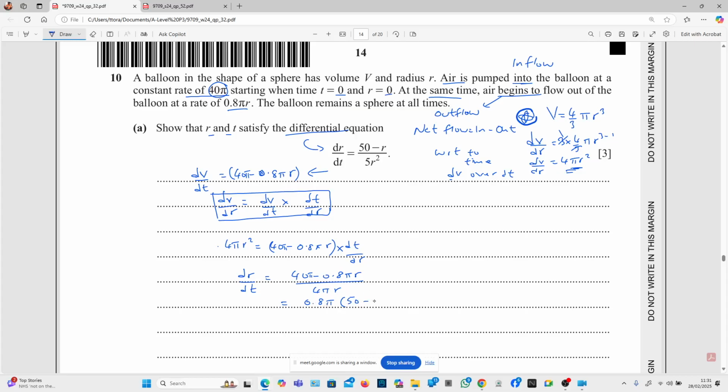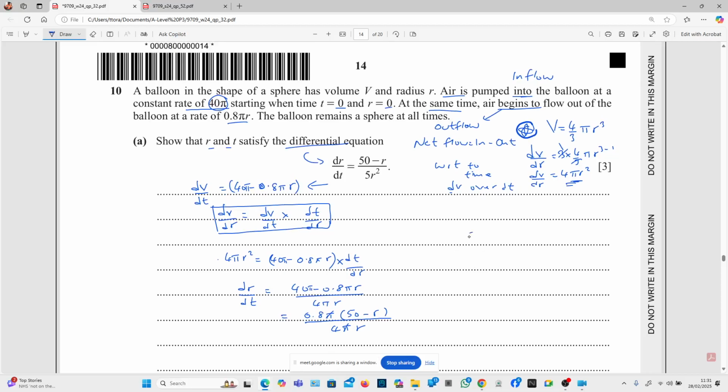So then minus the r, because 0.8 pi is outside. And all of that is divided by 4 pi r. Now the pi and the pi can cross out. And if I take 0.8 over 40, over 4, moving one decimal place, it's 8 over 40, which is 1 over 5.